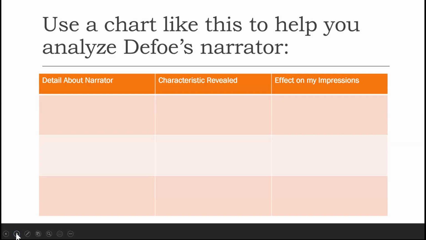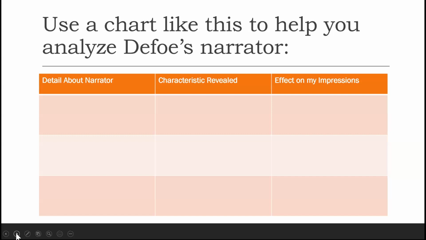In order to analyze the narrator, you may choose to keep a chart like this. So you write down details of the narrator, then what those details reveal, what characteristic they reveal about the narrator, and what overall effect those details and that characteristic revealed have on your impressions, right?